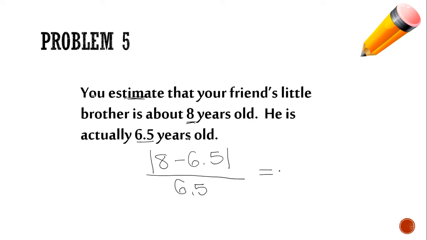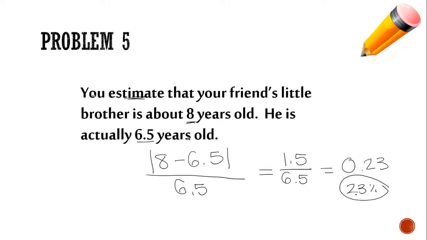So 8 minus 6.5 is 1.5 divided by 6.5. And I get 0.23, which I know is 23%. So I have a 23% relative error, which is not as bad as the rug guy, but still it's pretty high up there. Usually you want less than 10% error to make your data look convincing.